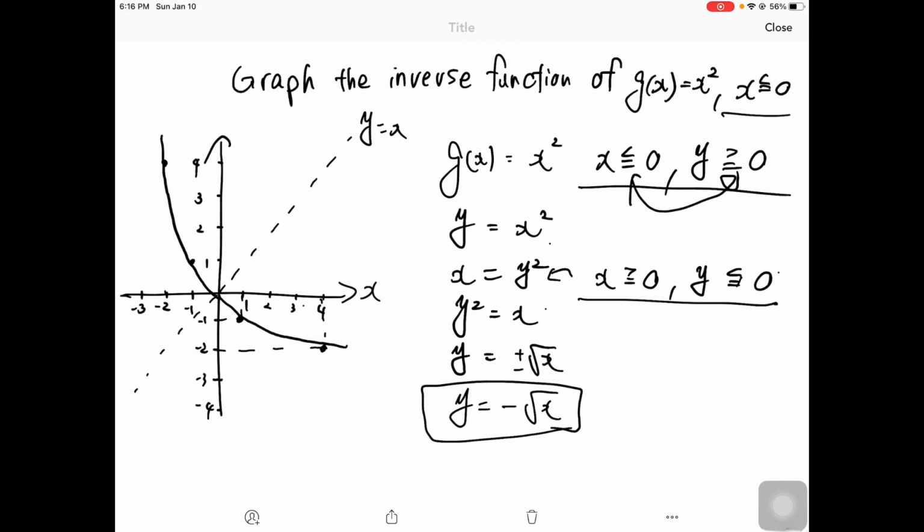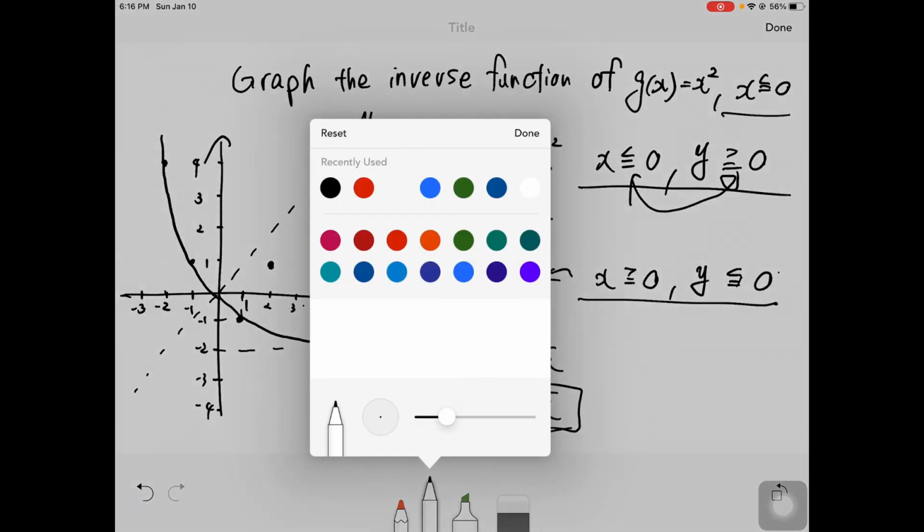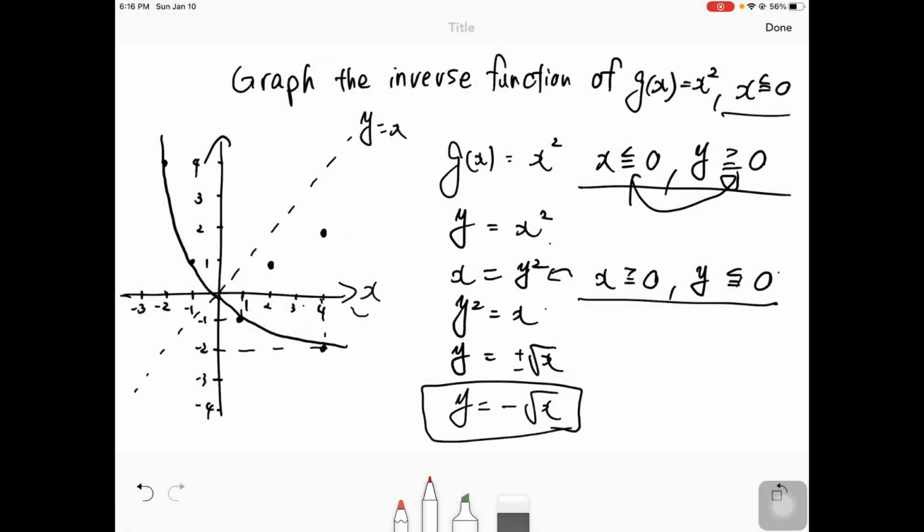If you have the function f of x, and if this has 2 points like this, (2, 1) and (4, 2), you have these 2 points. What's the inverse of these 2 points? So what you have to do is switch the x value and y value of each point.